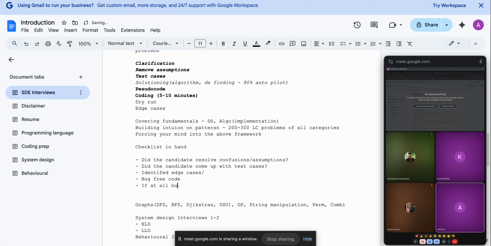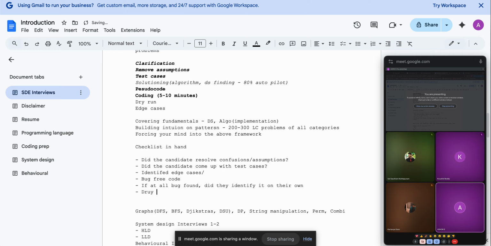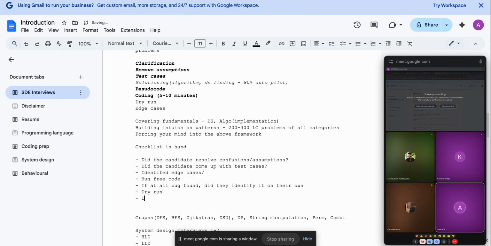If at all a bug was found, did they identify it on their own? And then dry run. Finally, is the code clean? And is the algo the most efficient one?